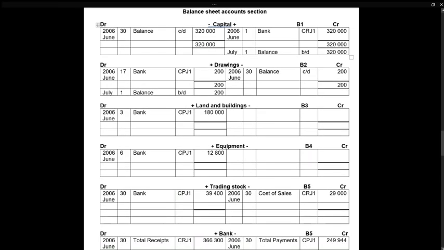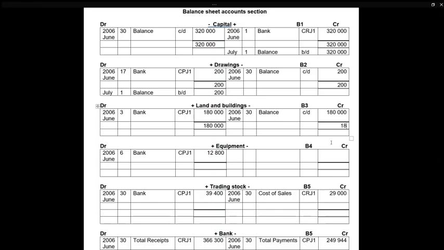Okay, land and building. I can immediately see I need 180,000 in my credit side to make the two sides equal. Was the calculation carried down? Details will be balance. When? Last of the month, June 2006. Okay, so I will total the two sides to confirm that I've done it correctly.